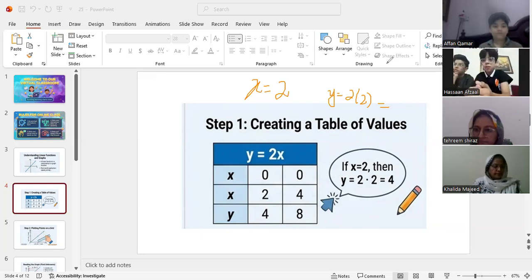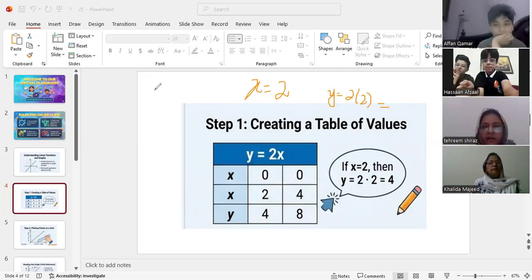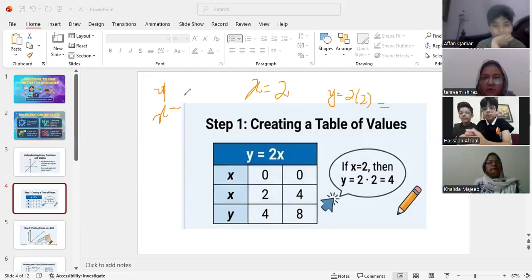Ma'am, the value of y is 4. Very good. Okay, Shahram, if I say the value of x is 4, then what will be the value of y?